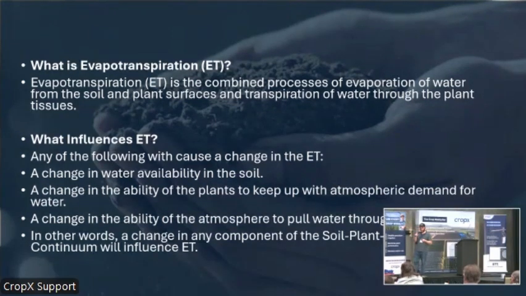And it's important that we know how well our plants are keeping up with atmospheric demand and how robust and strong they are. Because at the end of the day, like I said before, ET is directly related to yield. The more ET you have, the more yield you will have.